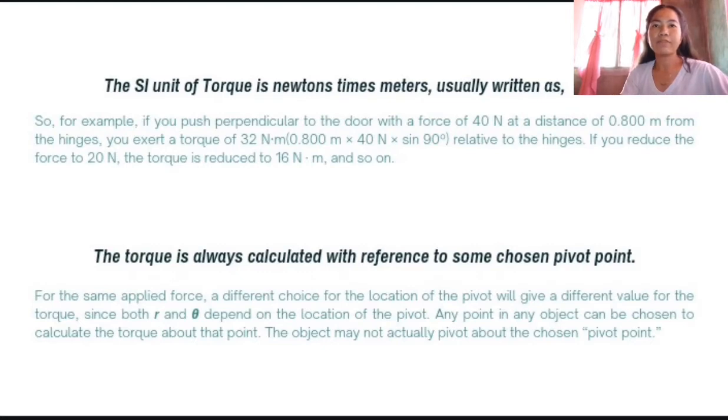For the same applied force, a different choice for the location of the pivot will give a different value for the torque, since both r and sine theta depend on the location of the pivot. Any point in any object can be chosen to calculate the torque about that point. The object may not actually pivot about the chosen pivot point.